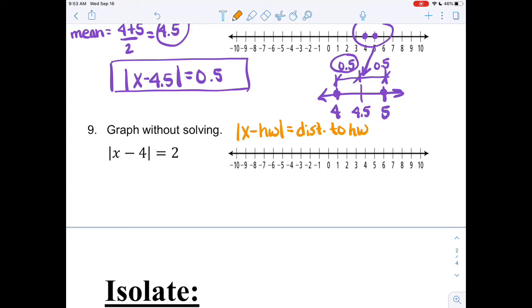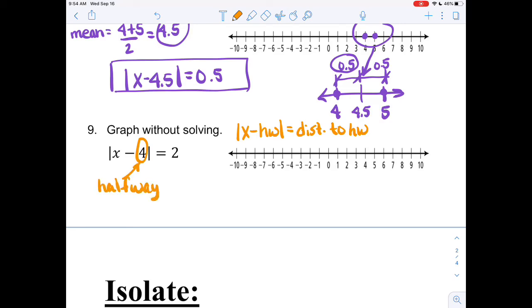In this case, we are actually going to graph the points on a number line without going through isolate, separate, solve. And because we now know how absolute value equations are written, we can do that. Remember that we have x minus the halfway point is equal to the distance to the halfway point. So that means that 4 must be our halfway point.